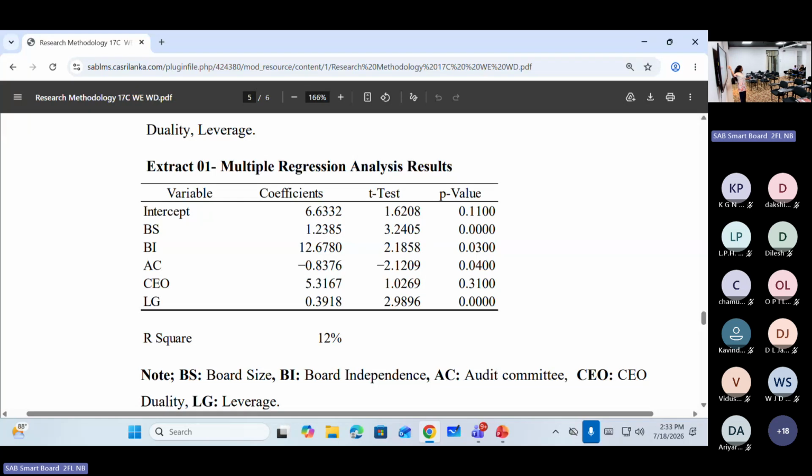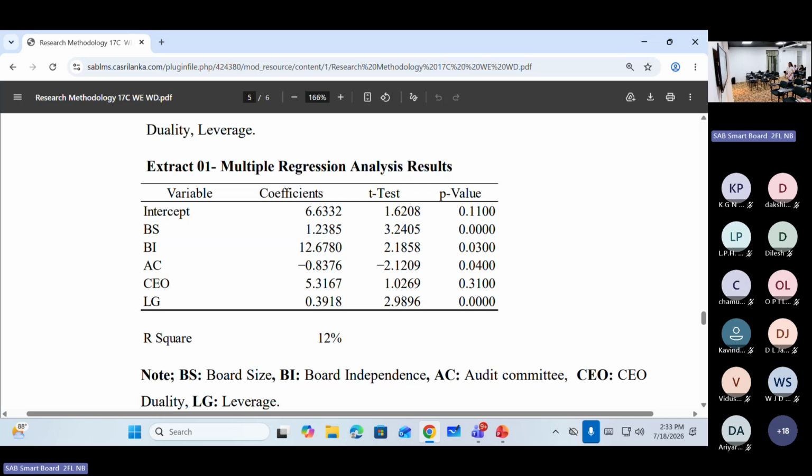Is that significant? Yes. As per the results, this is a significant impact since the p-value of BI, board independence, is less than 5%.